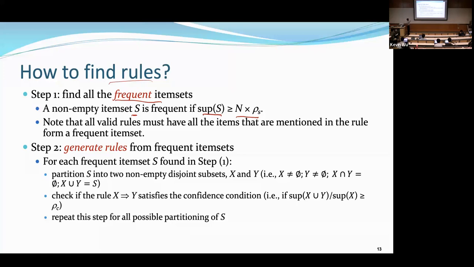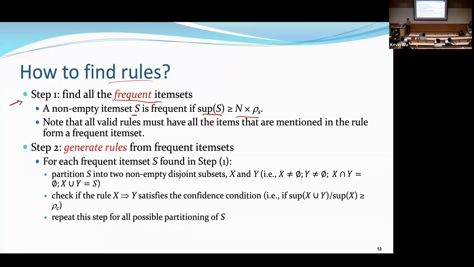So the first step of association rule mining is to process your data set to discover all such frequent item sets first. Note that for all valid rules, all the items mentioned in the rule must form a frequent item set.